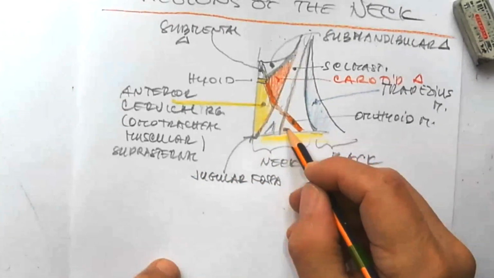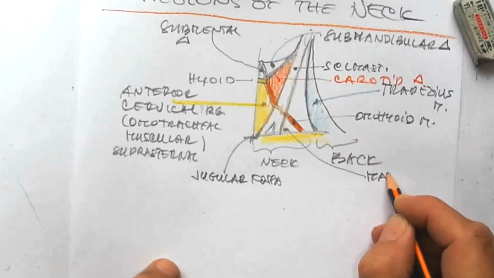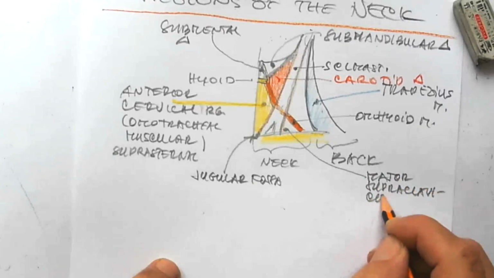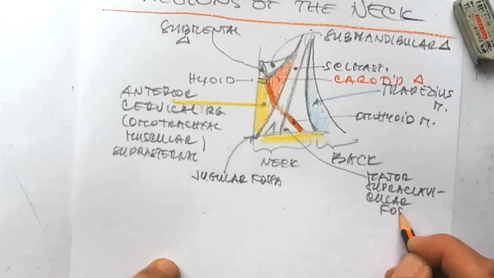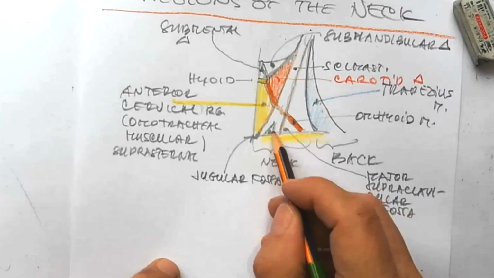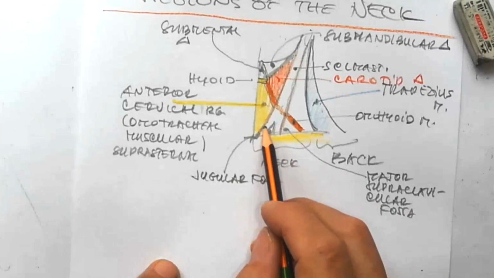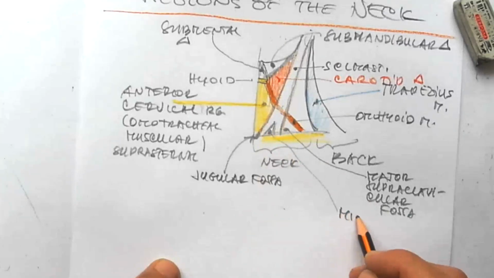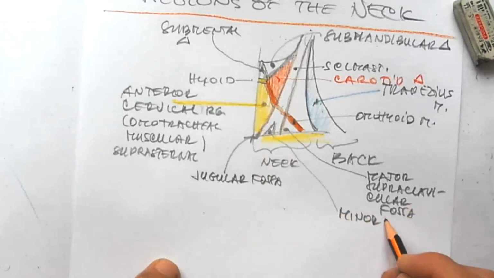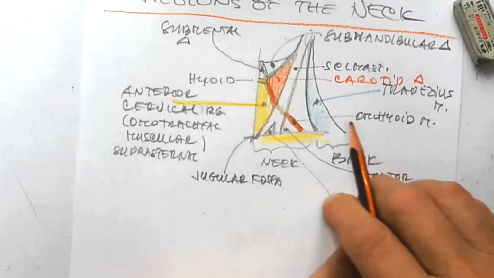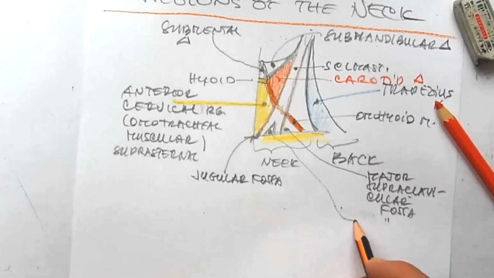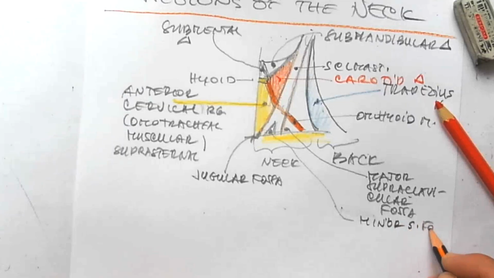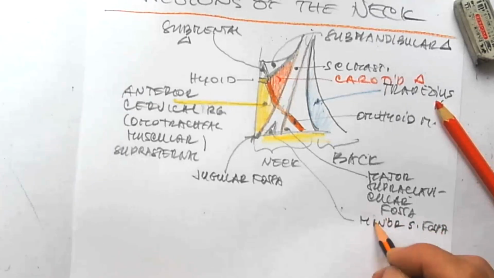And here is another fossa, we call it the major supraclavicular fossa, supraclavicular, and that small one between the origins of the sternocleidomastoid is called the minor supraclavicular fossa. No, minor. Good.